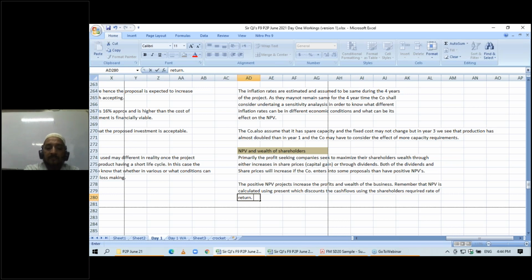This means that positive NPV will arise only when the return on the proposed investment will exceed the return expected by the investors, by the shareholders.